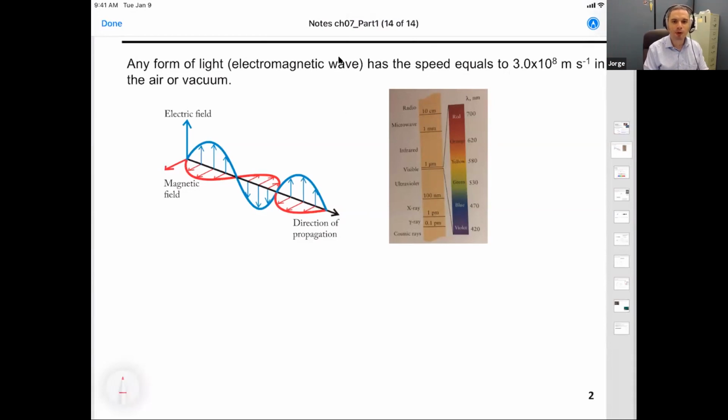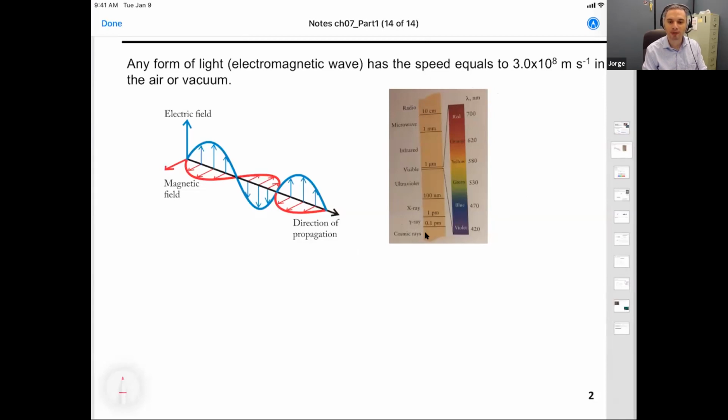An electromagnetic wave is any sort of wave that has an electric and a magnetic field associated with it. I don't want to get into too many details here. What I want to go deeper into is the different kinds of electromagnetic waves.